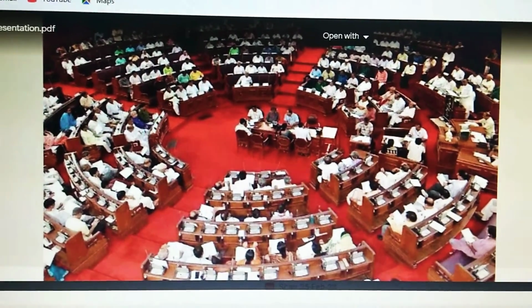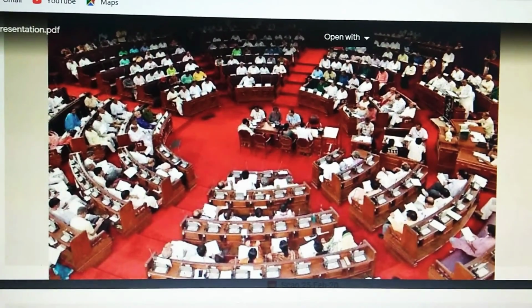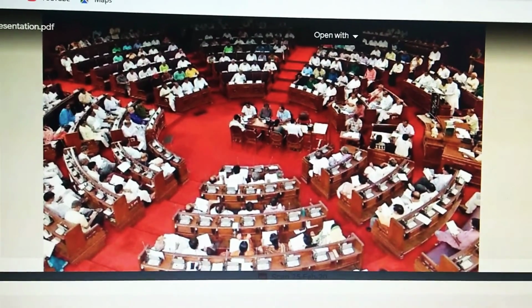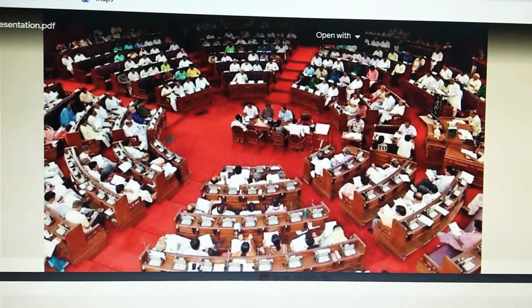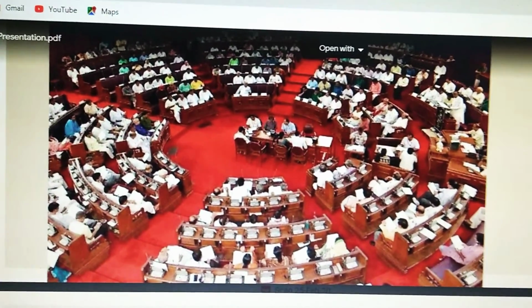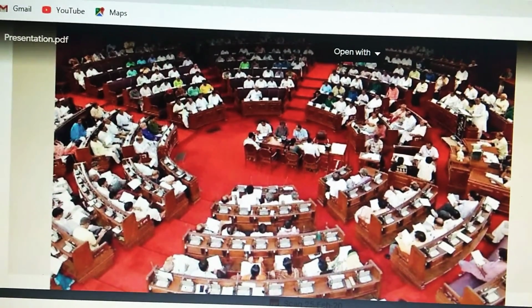A maximum of 20 members can be elected from the union territories too. There are union territories of India, like Pondicherry. Then we have the islands, Andaman and Nicobar Islands, and they are union territories. The president can nominate 2 members from the Anglo-Indian community.